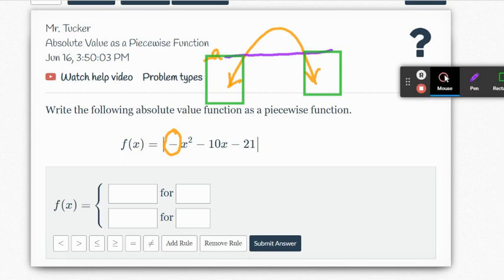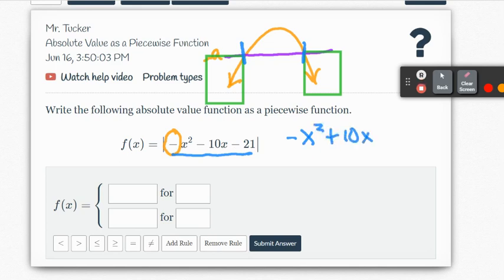So our job is to identify when does this touch the x-axis. So to figure that out, I set the quadratic that's inside, negative x squared plus 10x minus 21, equal to 0. And what I'm going to do is factor and solve it, which is going to allow me to have my 3 intervals.